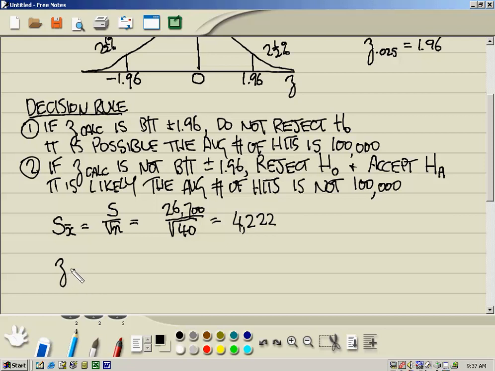Alright, and then the z-calc, which is x bar minus mu divided by S of x bar. The x bar, the sample average is the 94,300. Mu from the null hypothesis, the 100,000 that we're testing this against, and divide that by 4,222.